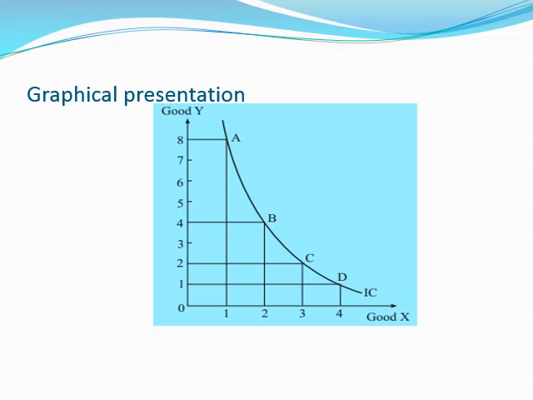So for example, if we mark IC1 and IC2, the combination on IC2 gives more satisfaction than the combinations on IC1.